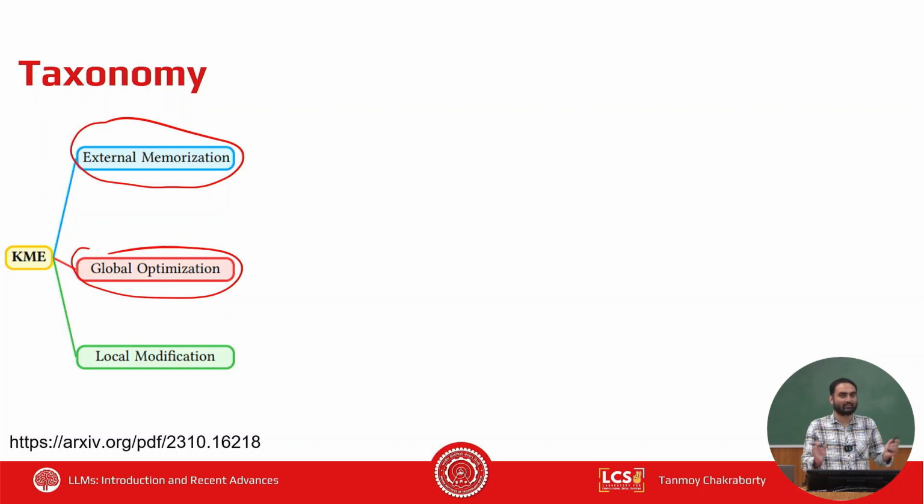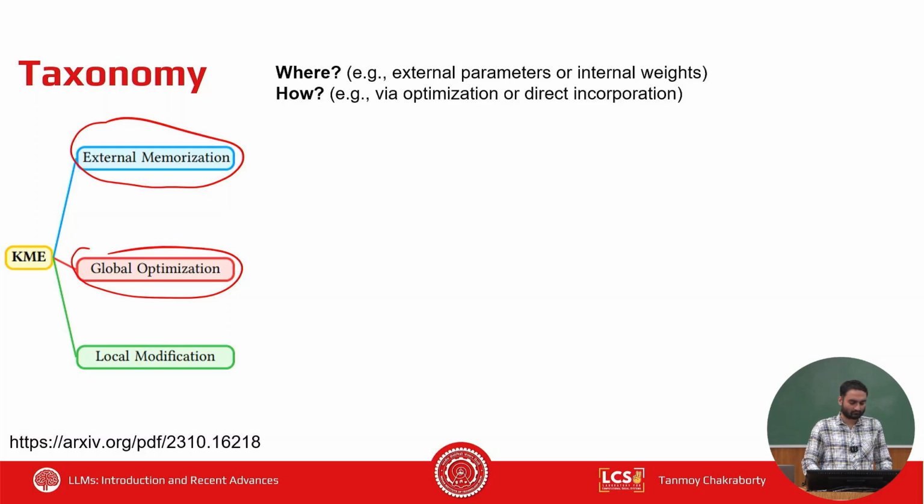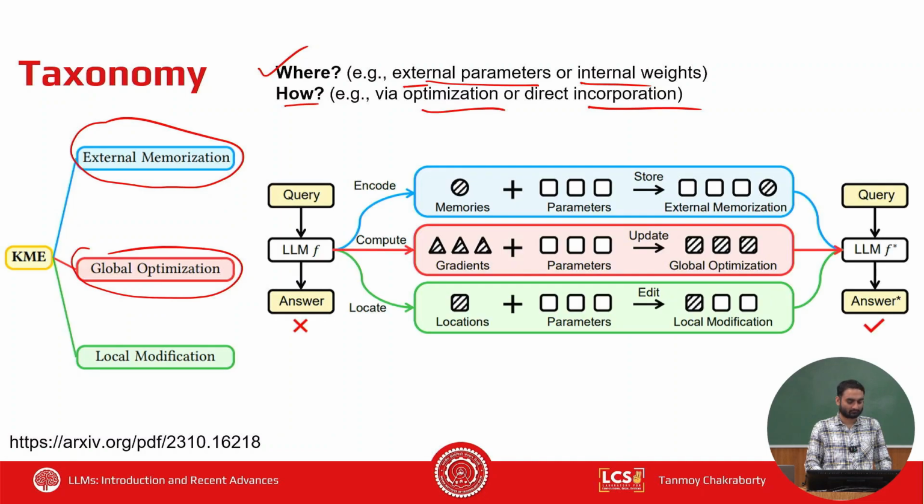If you look at the literature so far, there are plenty of papers, more than 50-60 papers. You can classify them into these three categories based on where you are updating, whether the external parameter or the internal parameter, and how you are updating, whether by direct optimization or direct incorporation of the update.